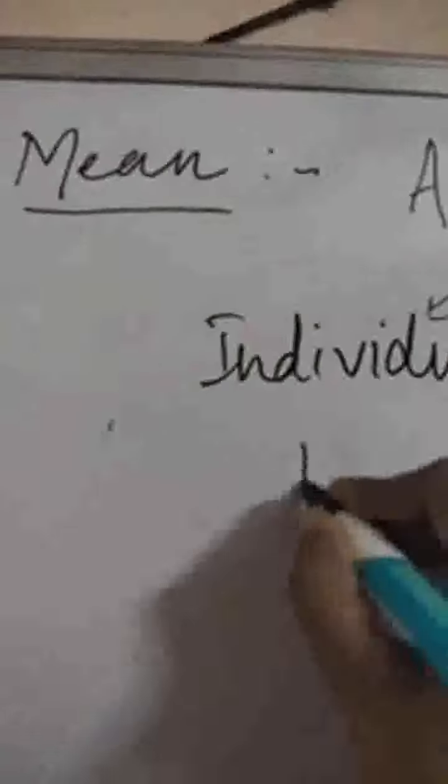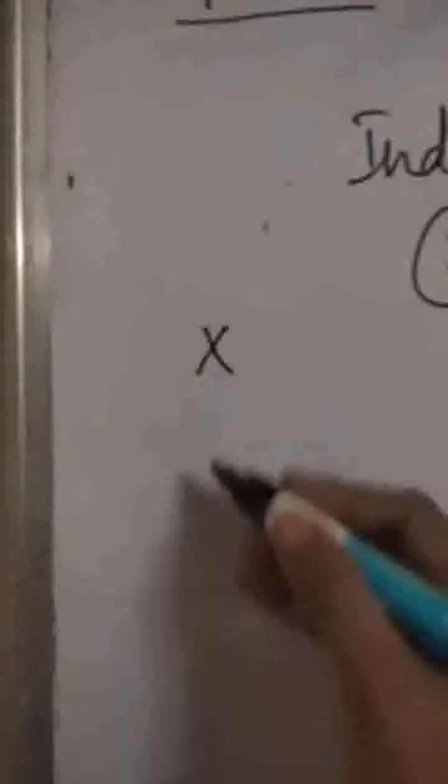Now I will be taking how average we can calculate. This was the series which I was talking about, the individual series. Individual itself means only one, so only one piece of information is available. Like here I was talking about marks, so it was x. Only x, that means it can be any 3 numbers or 4 numbers or whatever.